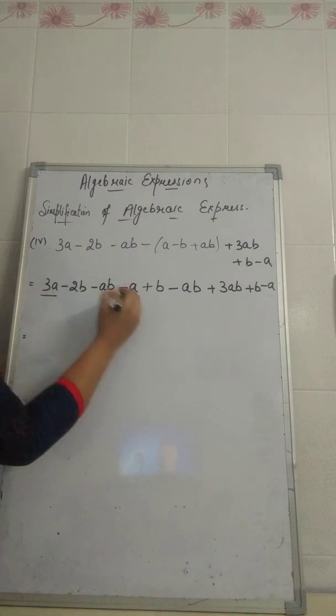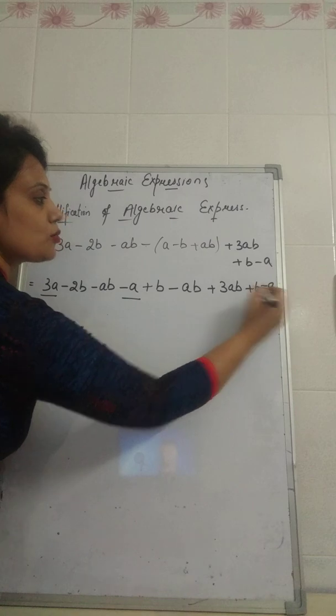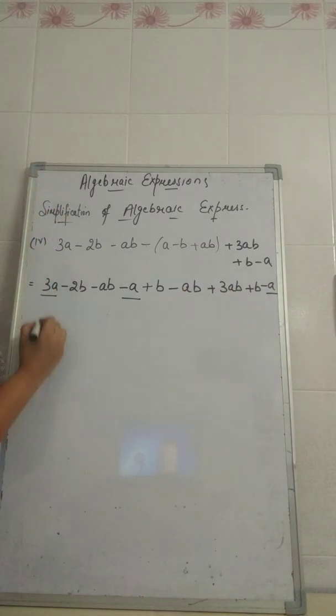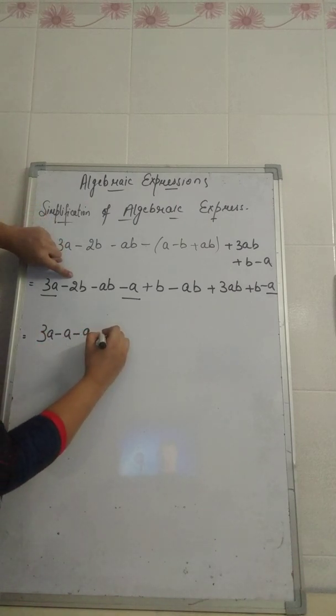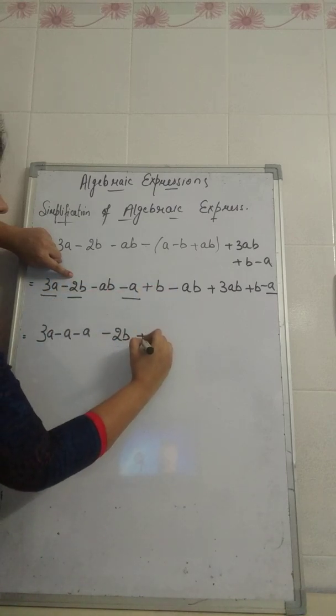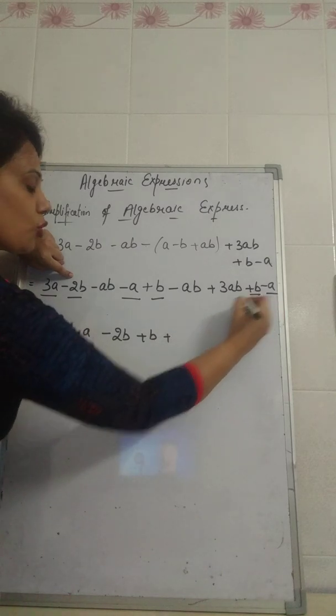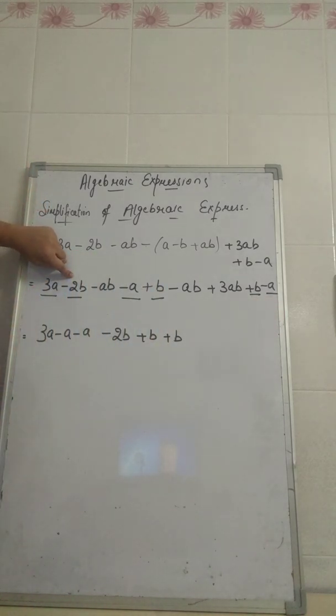3a, minus a, and this one more minus a. So we will write it together: 3a minus a minus a. Then minus 2b, plus b, again one more b, that is plus b.